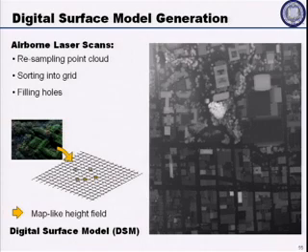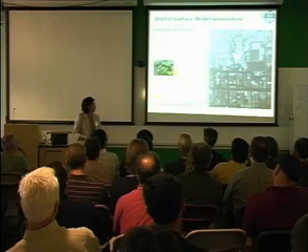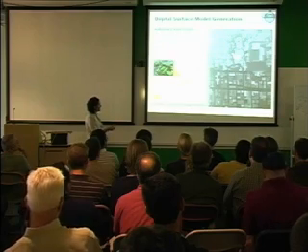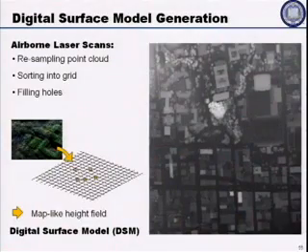We have to regrid it on a square grid in order to get it into a format that you can work with. And figuring out the optimum grid parameter is not that difficult. After you regrid it, some grid points have multiple data, and some of them have none. So you have to do some interpolation again to get a height field. And after you do it, you get something like this, which is called the DSM, or Digital Surface Model.